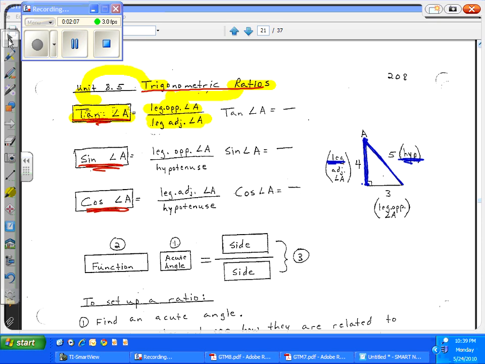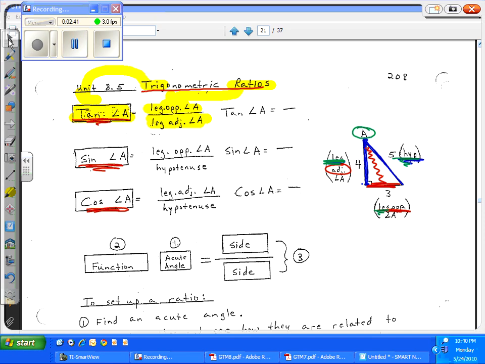The side of angle A that's a leg, we say, is the leg adjacent to angle A because it's the leg that helps form angle A. It is a side of angle A. And the leg across from angle A, we call the leg opposite angle A. So when we're looking at angle A, we have a leg opposite it, a leg adjacent to it, and the hypotenuse.